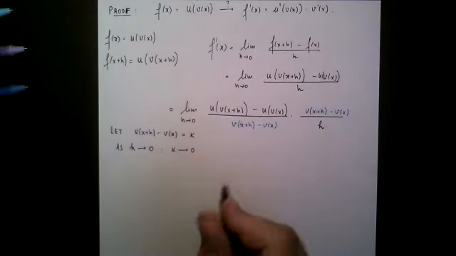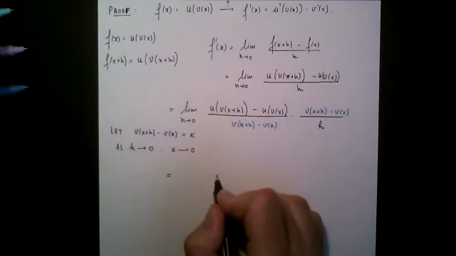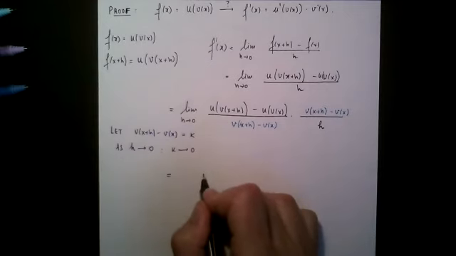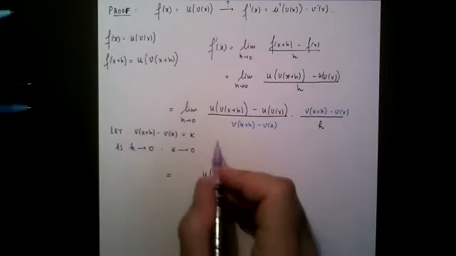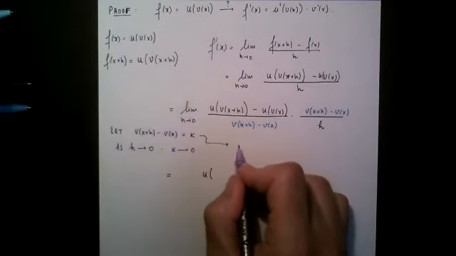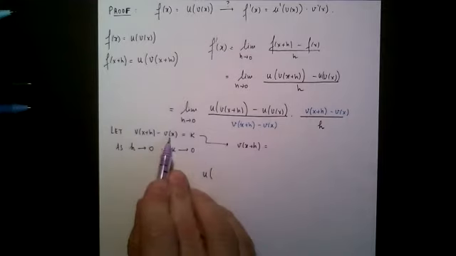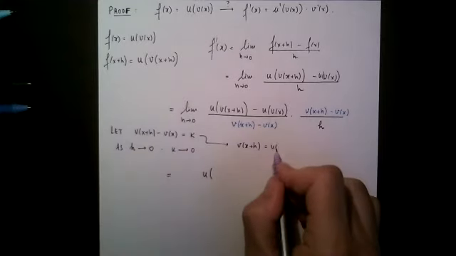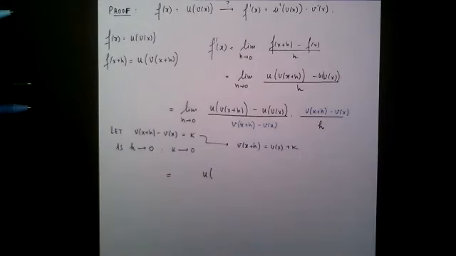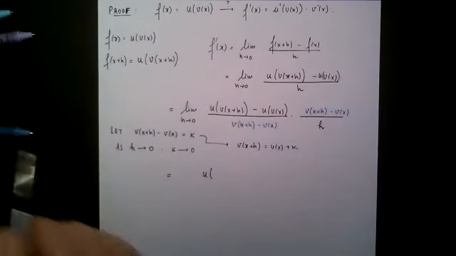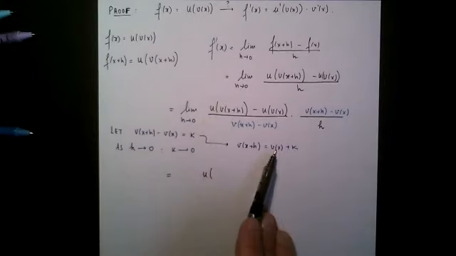So let's rewrite everything here. So my limit will be what? I will have u of, so v of x plus h is left. From here, I understand that v of x plus h, if I send v of x to the other side, is equal to v of x plus k. Is that okay? So here, instead of writing v of x plus h, I could write v of x plus k.